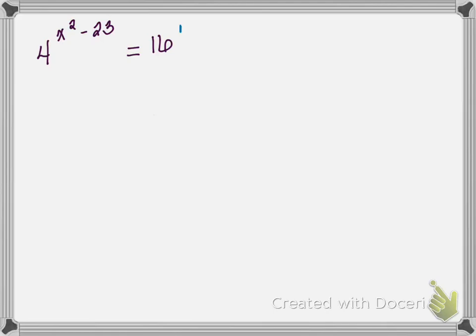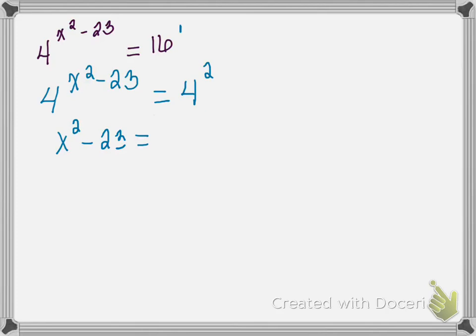How can I rewrite 16? Good. 16 is 4 squared. So I can rewrite the 16 as 4 squared. Now, my bases are the same, so I can write my exponents as equal to each other. So I have x squared minus 23 equals 2.